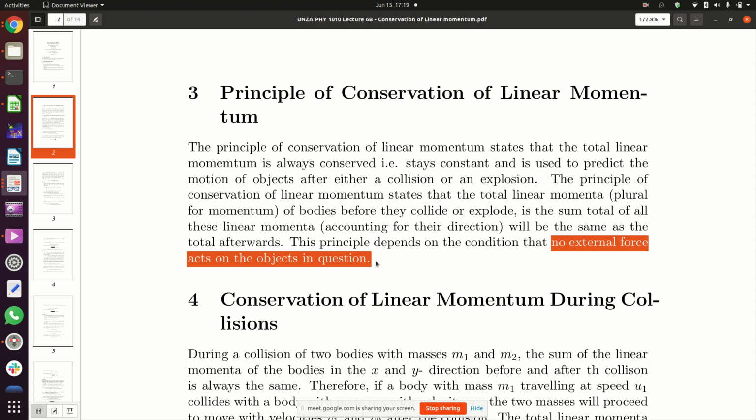So each of these objects which are involved in our collisions should be moving with constant velocity for this to work. Is that clear? If the velocity is changing because a force is being applied on these objects just before it collides or after it collides, then you can't apply this conservation of linear momentum. So the requirement is that there should be no external force.